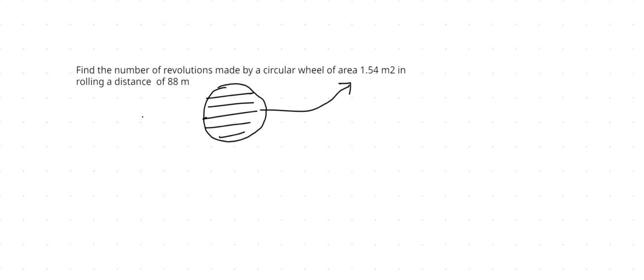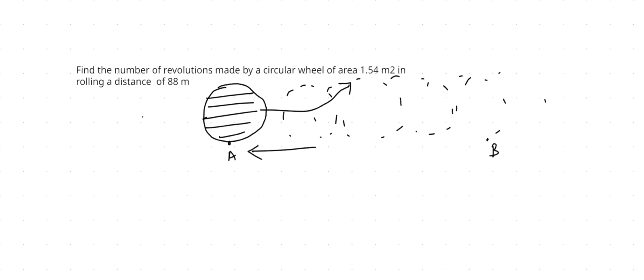The wheel is not sliding; it's not lateral movement. It's a circular movement. So the wheel is going to revolve and reach some point, and the distance between point A and point B, the original and the final point, is 88 meters.